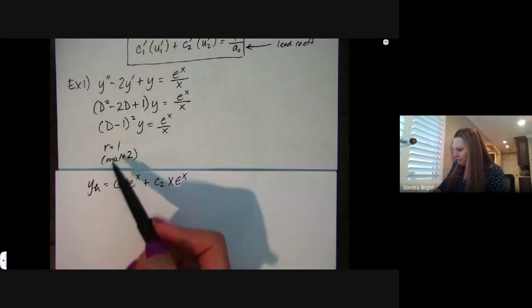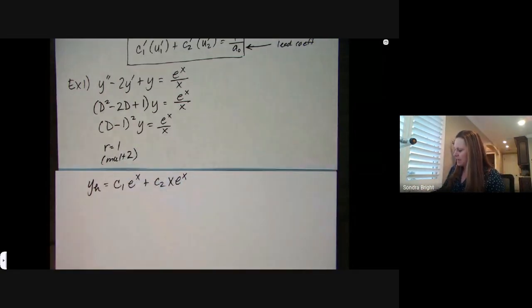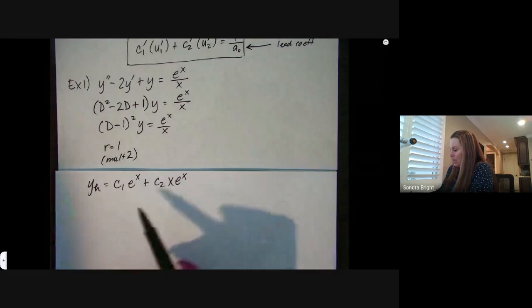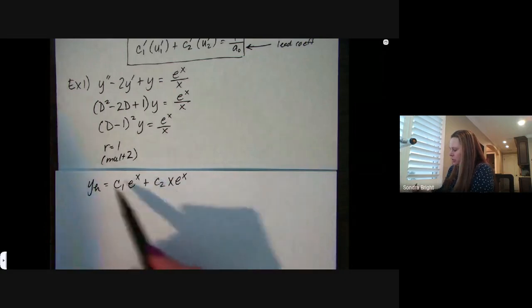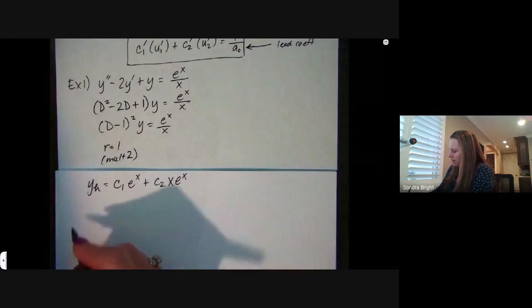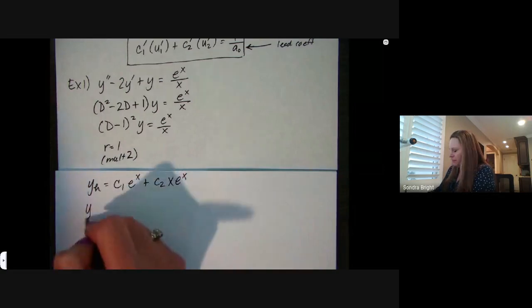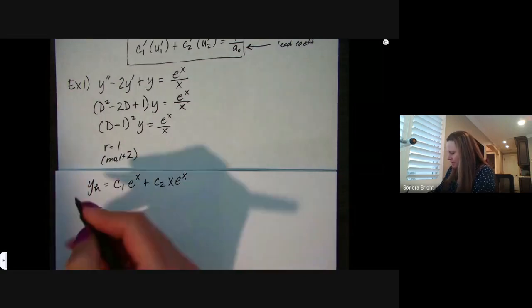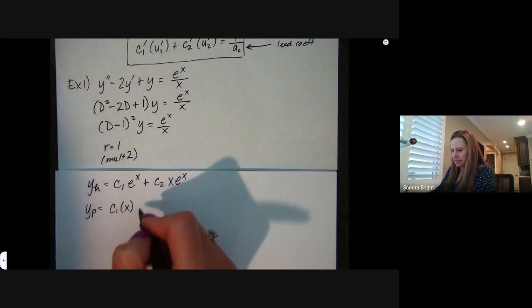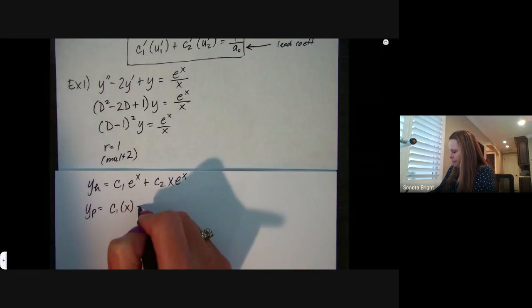All right, so then what we're going to do is say, okay, these are definitely independent homogeneous solutions. Now we're going to let the particular be some function of x times u1, so times e to the x. Write it like that.